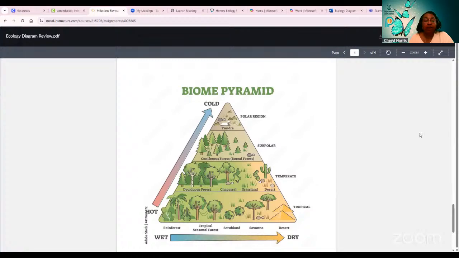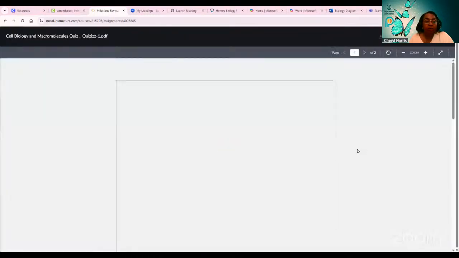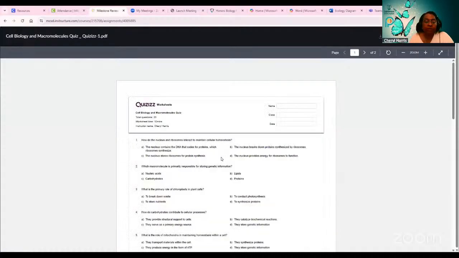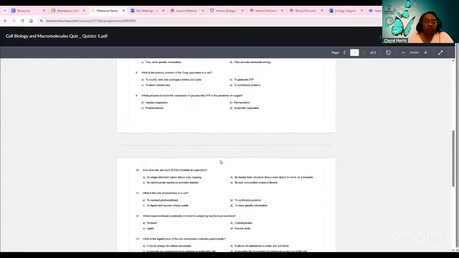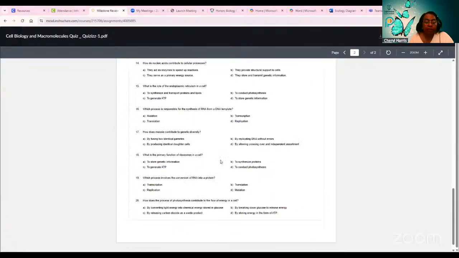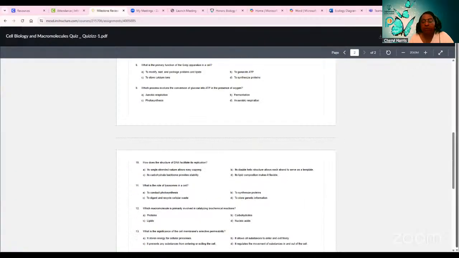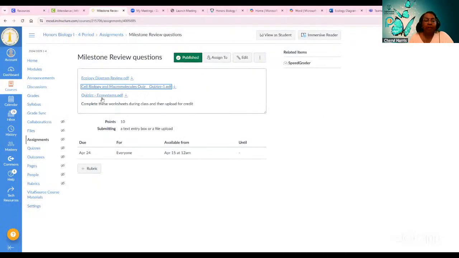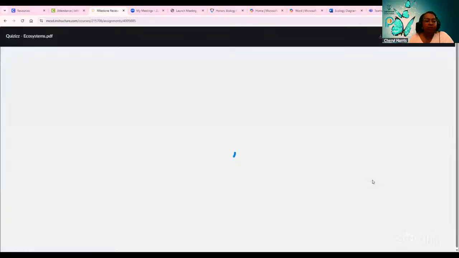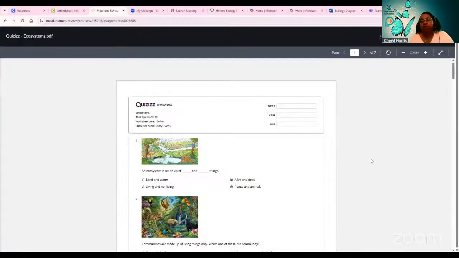And then the other things, like I said, tomorrow we're going to look at these two. We're going to go over the answers to these questions. One of them is about macromolecules, photosynthesis, meiosis, all of the things that we've done in the past. This one is on ecology. For the next two days, we're going to go over these, but you can take a look at them.